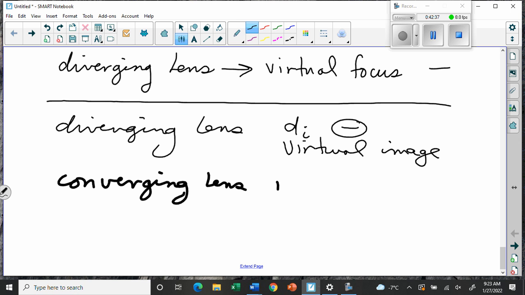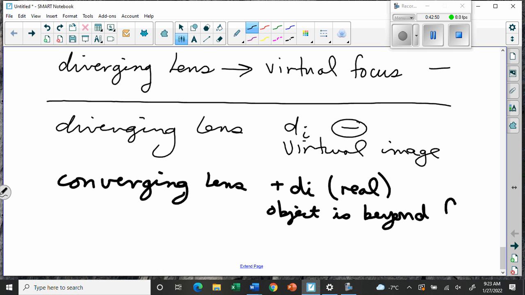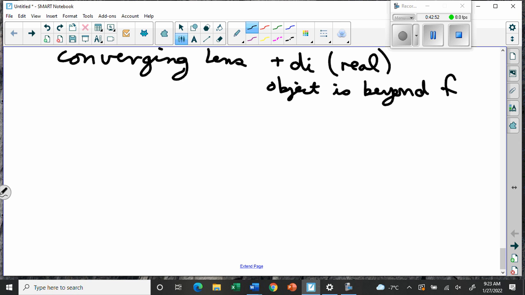You get positive DI or a real image if the object is beyond the focus or outside the focus. But you get a negative DI or a virtual image if the object is inside the focus.